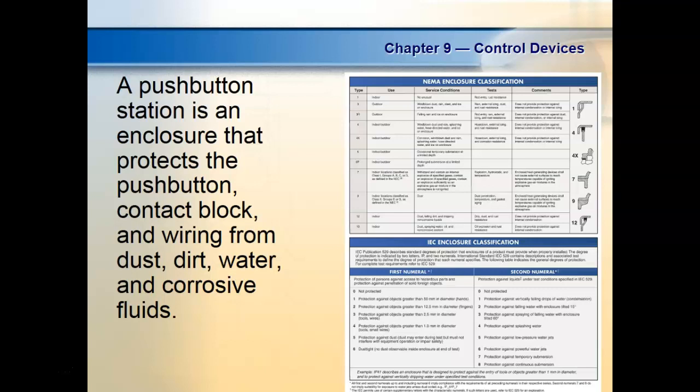It'll have holes coming into it that usually has rubber inserts or some type of compression fitting that you have to tighten down to keep the stuff from coming in where you make your connection. Okay. It protects the wiring from dust, dirt, water, corrosive fluids, liquids, grease that we have all over the place out there.